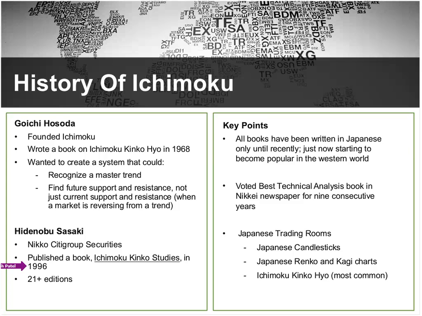The key point here is that all the books from the original founders, Mr. Osada and Mr. Sasaki, are written in Japanese. They've never really been translated to English at all, and this has been one of the obstacles.